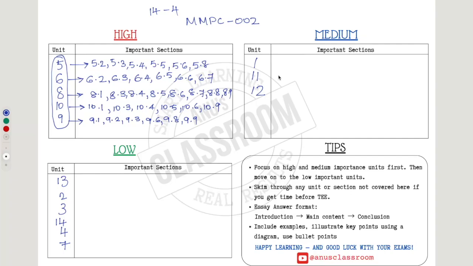As I said, the medium importance units are unit number 1, 11, and 12. They have a lesser number of questions asked from them compared to the high importance units, right? So from unit number 1, I want you to focus on 1.2, 1.3, 1.5, 1.6, 1.7, and 1.8. From unit number 11, questions have come from most of the sections.